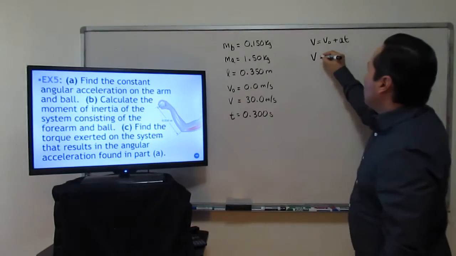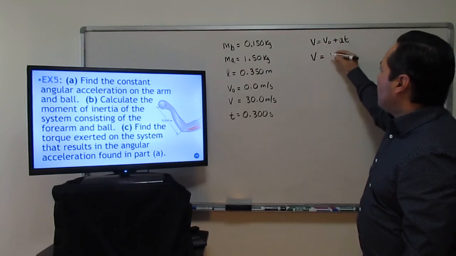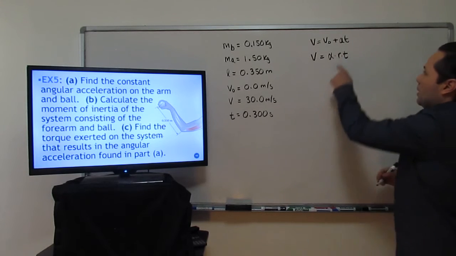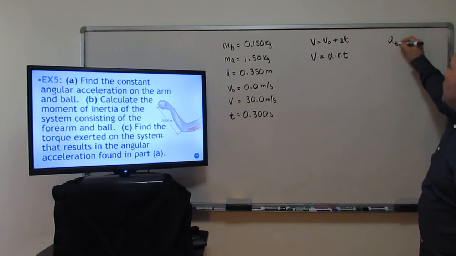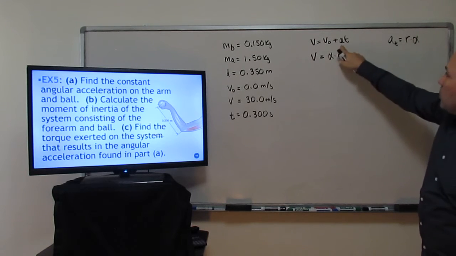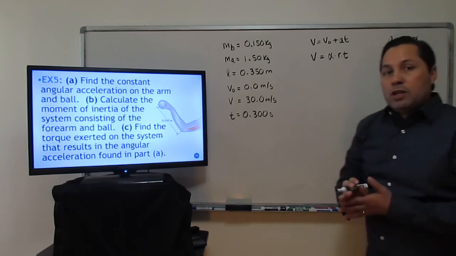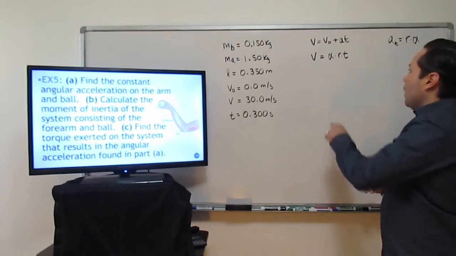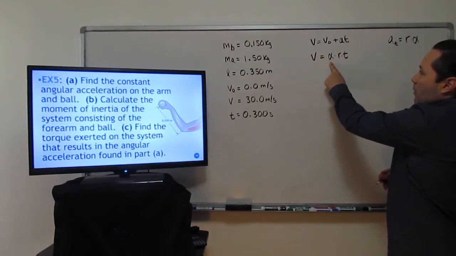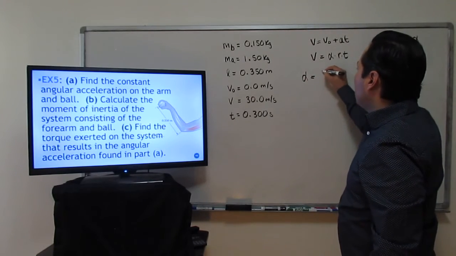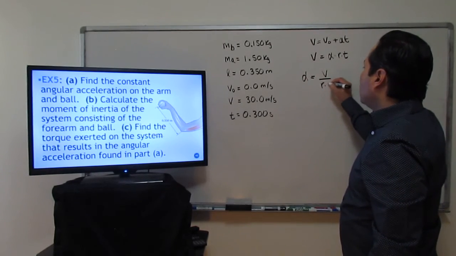The initial velocity is 0, so I'm going to leave that out, and I'm going to put alpha times r times t, substituting that for a. Now I want to figure out our angular acceleration, so I'm going to divide both sides by r t. Our formula becomes alpha equals velocity over r times time.